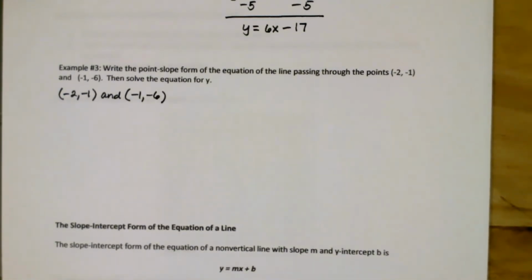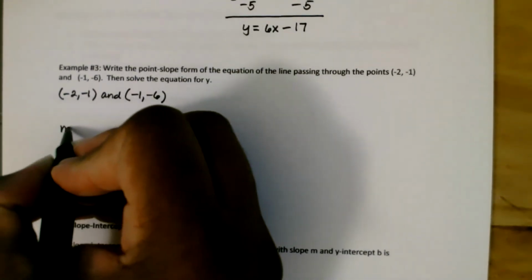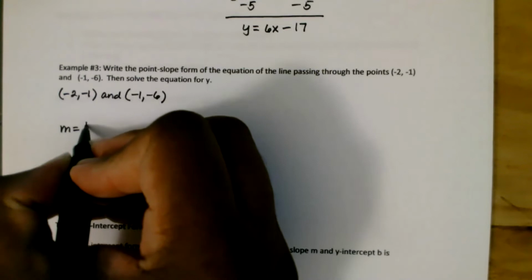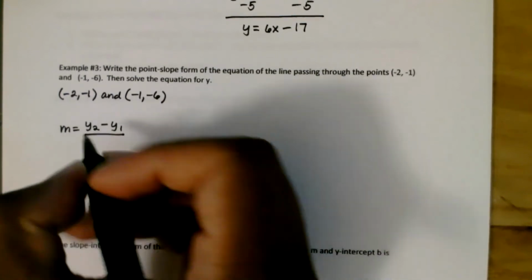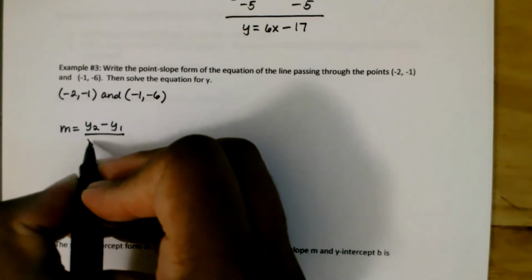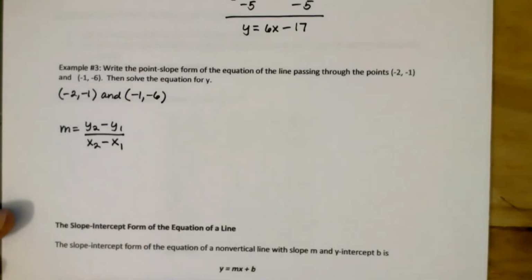And here I have to first find the slope, because in order for me to use the point slope form, I need to know what that slope is. Well, we already know how to find the slope of a line passing through 2 points, and that's using the slope formula. M is equal to y2 minus y1, all divided by x2 minus x1.